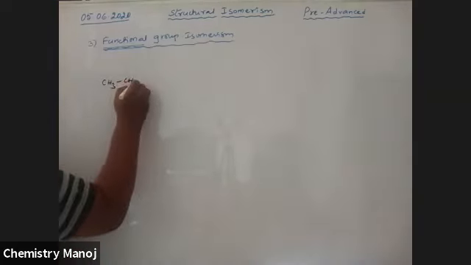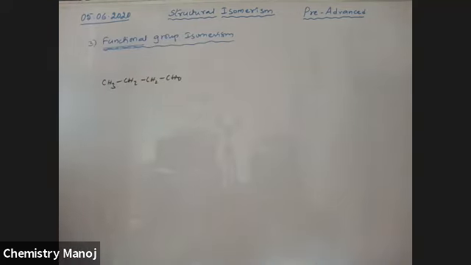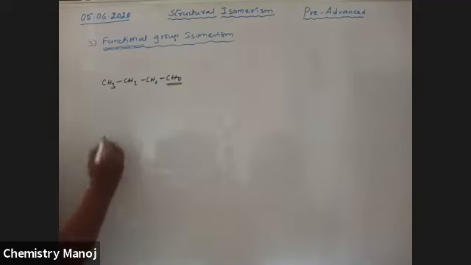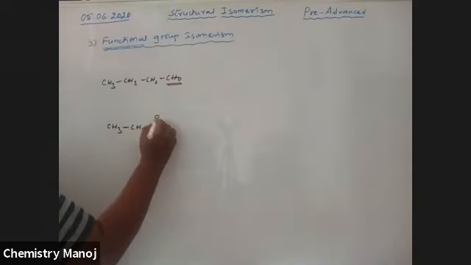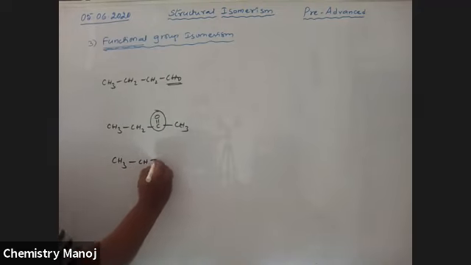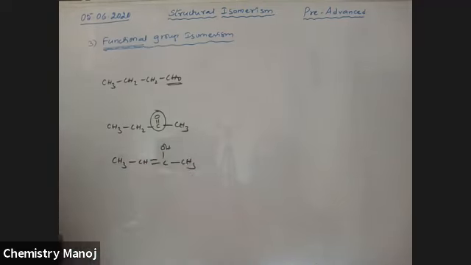So see here once again. CH3CH2CH2CHO, it is aldehyde. Next, CH3CH2COCH3, it is a ketone. Next, CH3CH=C(OH)CH3, so it is a double bond with OH.